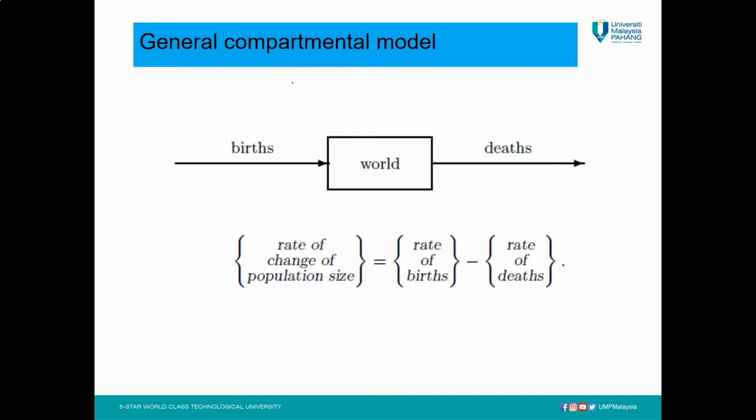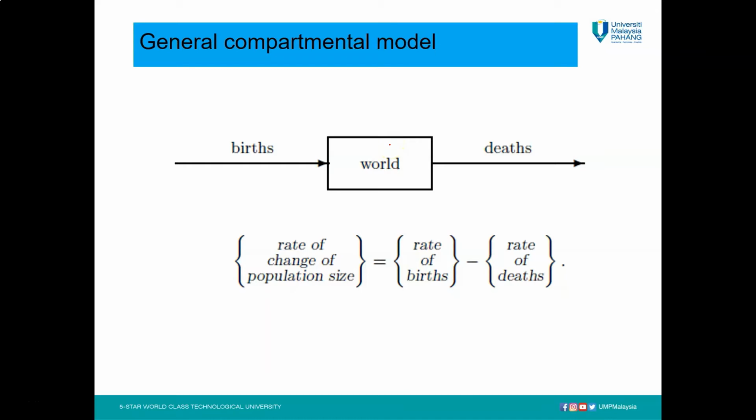The compartmental model framework is extremely natural, which formulates the process based on inputs and outputs from a compartment over time. In the case of population, the compartment is the world. The input of population occurs through births and the outputs occur through death. What we are interested in is the amount of population in the compartment at any given time, or whether over long periods the levels are increasing or decreasing.